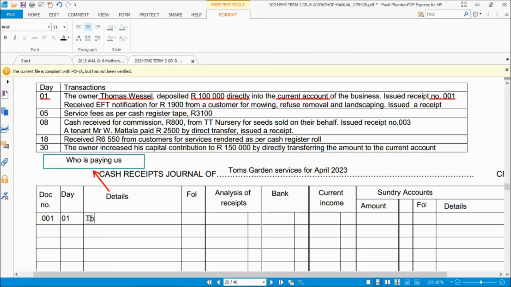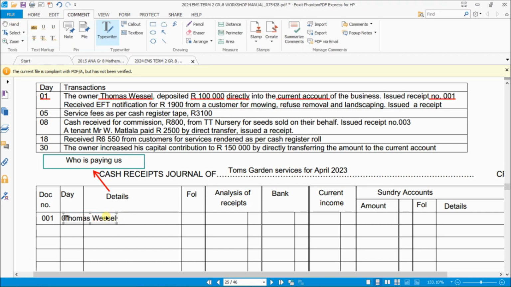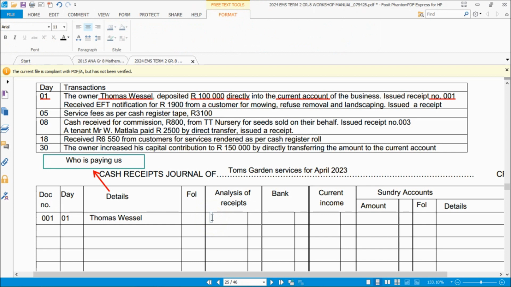Alright, so I've got Thomas Vessel here. He is the person paying the business. And then I've got my analysis of receipts. Will it go there? No, it's not gonna go there, so I'm just gonna put a dash, and then it's going straight to my bank account. I've got 100,000 Rand.